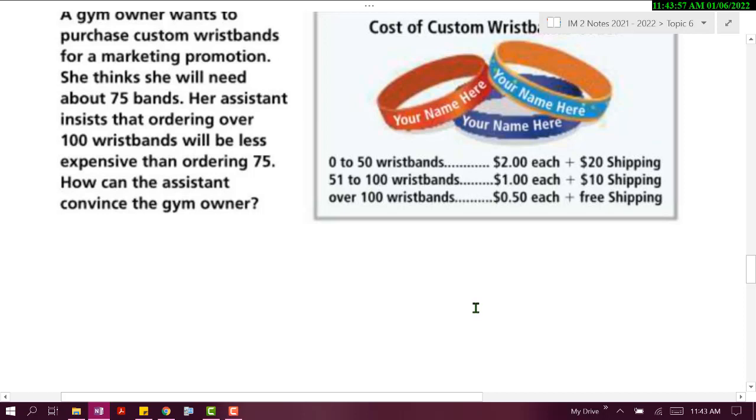So, I guess first off, if we order 75 bands, which is what we need, that goes into this middle line there. So they're $1 each, plus 10 for shipping. So that gives us $85 to purchase 75 bands.